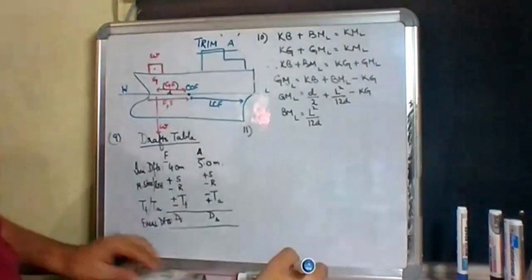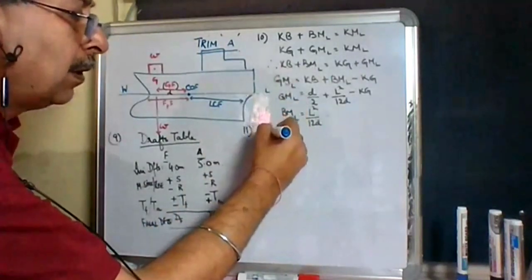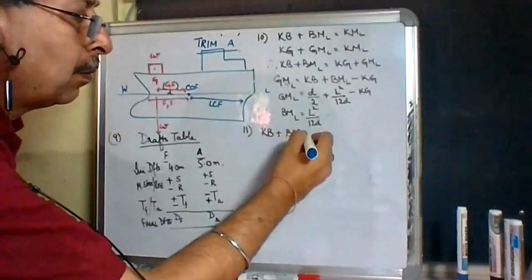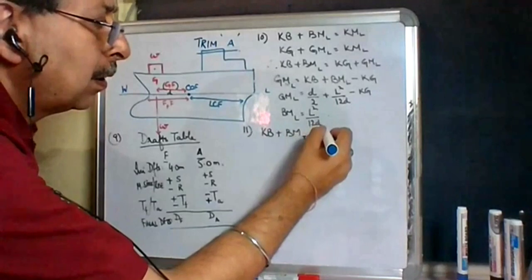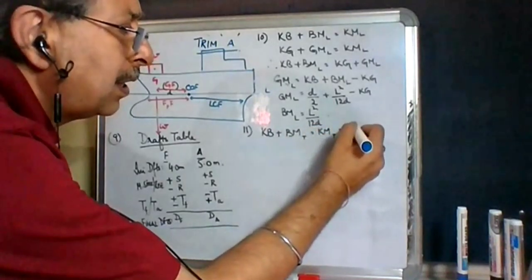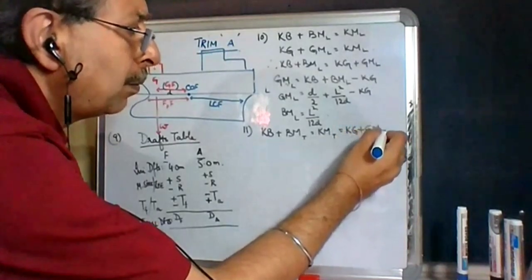Not connected with this, but in some other case, transverse KB plus BMT is equal to KMT, and that is equal to KG plus GMT.